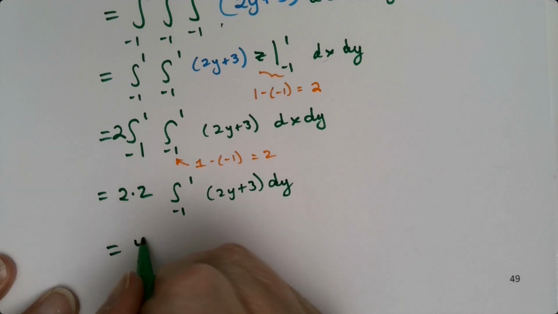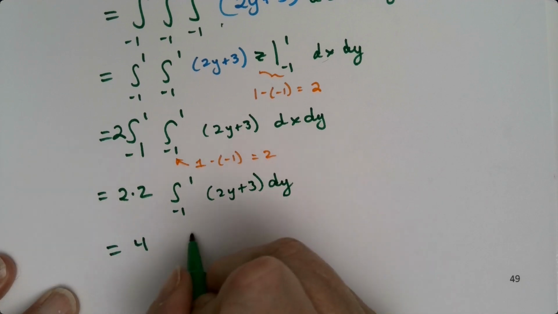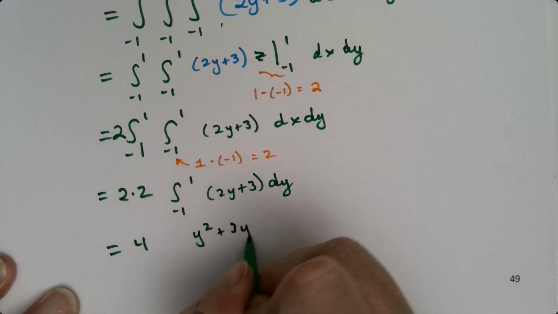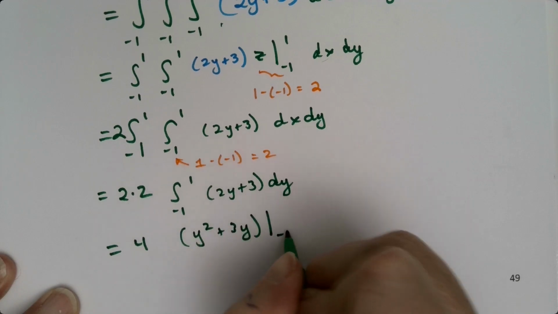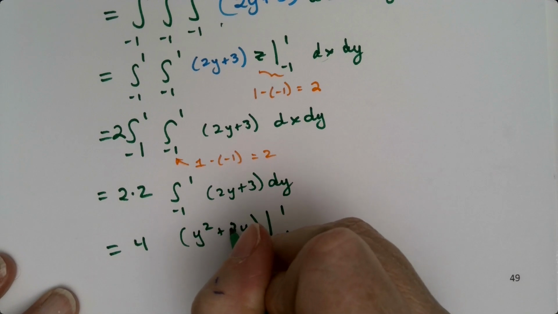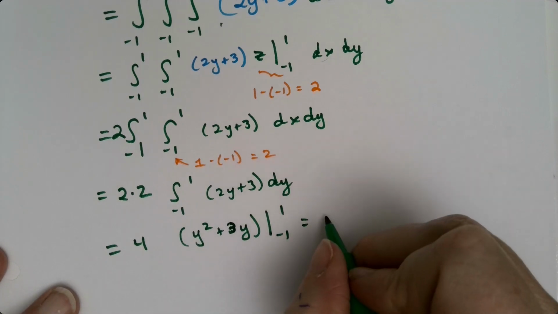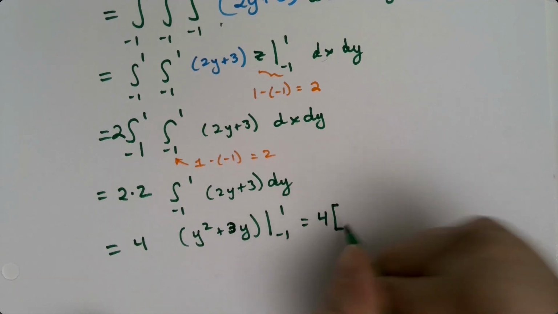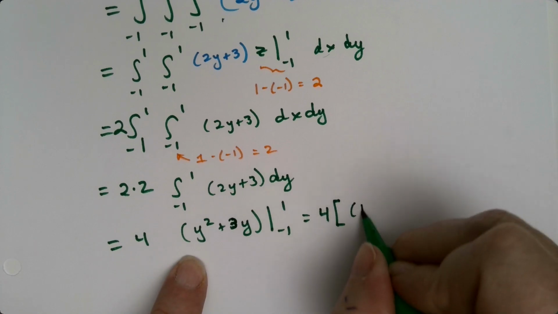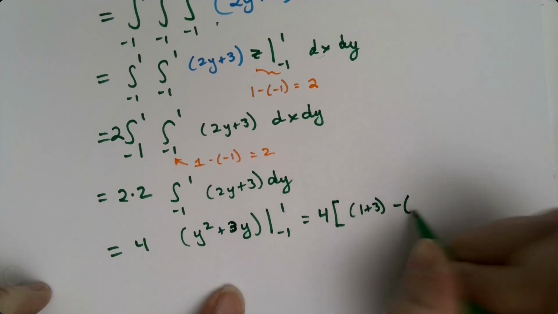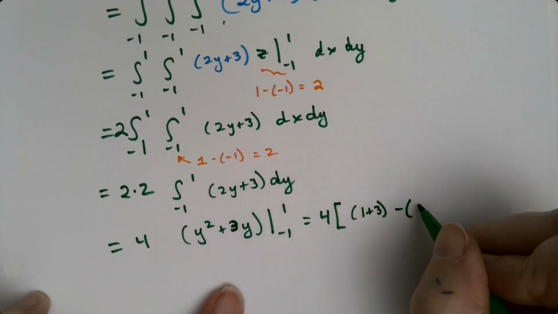Well, that's 4 times the integral of this, which would be y squared plus 3y from negative 1 to 1. And that would be 4 times, okay, so when I put 1 in, that's 1 plus 3, take away, when I put negative 1 in, that's negative 1 squared.